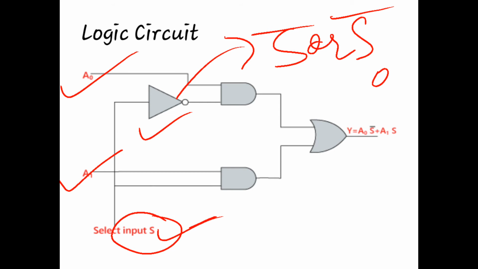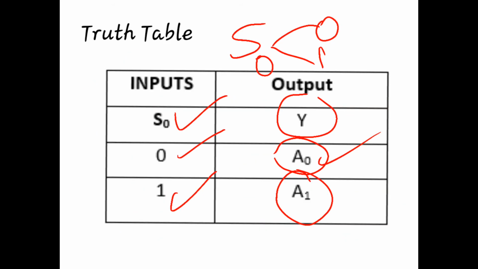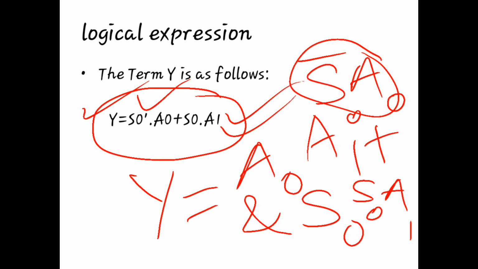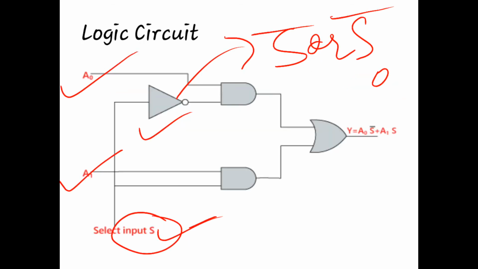So following the truth table or following the logic expression, the expression is S bar A0. So S bar A0 will be evaluated or will be designed with this NOT and AND combination.